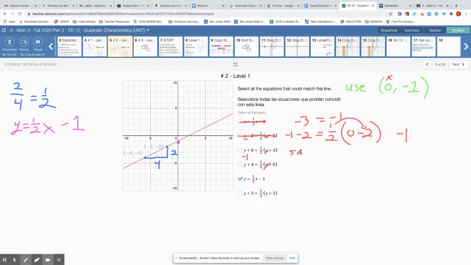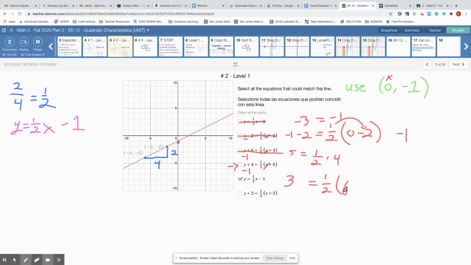So does 5 equal 1/2 times 4? No. So this is not it. Okay, now to the next one. I plug in -1. -1 plus 4 is 3. So I'm working on this one. I get 3 equal to 1/2 times 6.